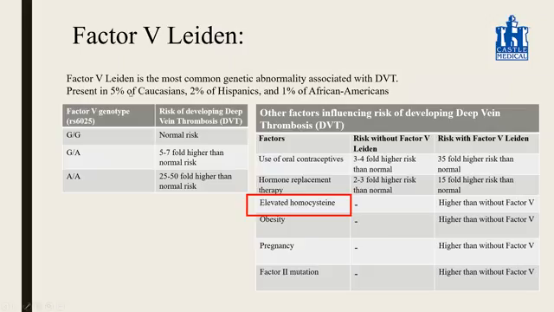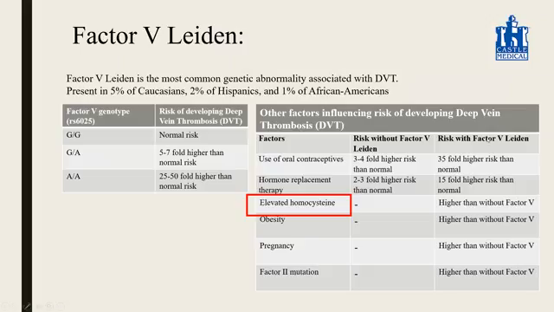Other than factor V mutation, there are some other factors which are also involved in developing deep vein thrombosis. And when these factors coexist together with factor V Leiden mutation, they worsen the case. For example, if a woman is on oral contraceptives, her risk of developing deep vein thrombosis without factor V mutation is already 3 to 4-fold higher than normal average people.